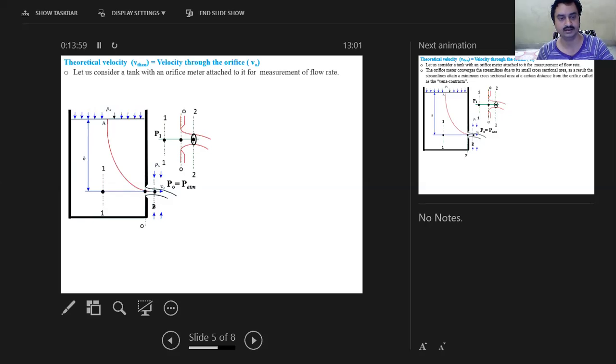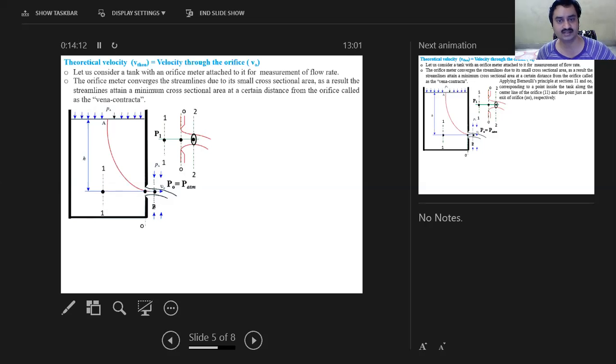Okay, fine. So I will discuss this figure point by point. There are many details being given over here, which I will be discussing point by point. Okay, so next point. The orifice meter converges the streamlines due to its small cross-sectional area. As a result, the streamlines reach a minimum cross-sectional area at a certain distance from the orifice called the vena contracta. You are already aware of this. So that is what I have tried to show you over here. Here you could see this one is my orifice.